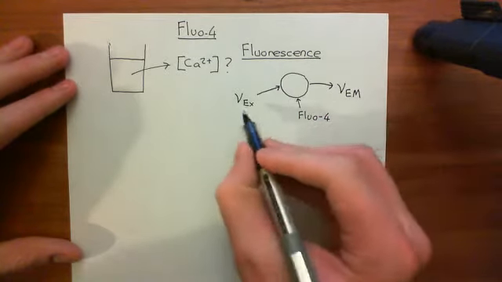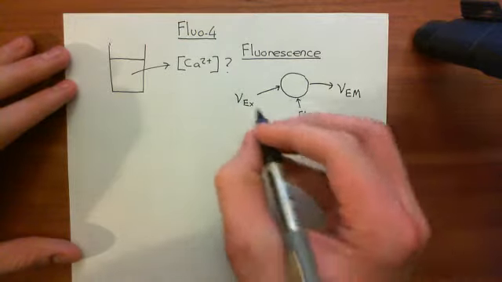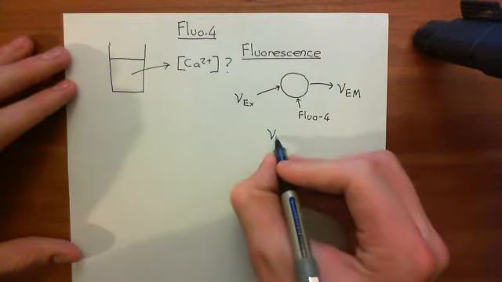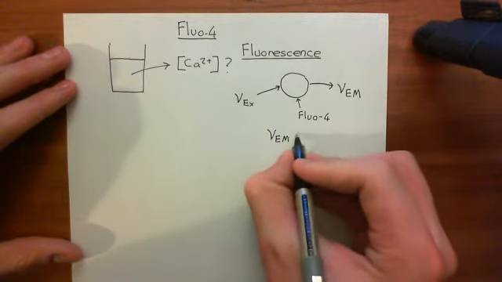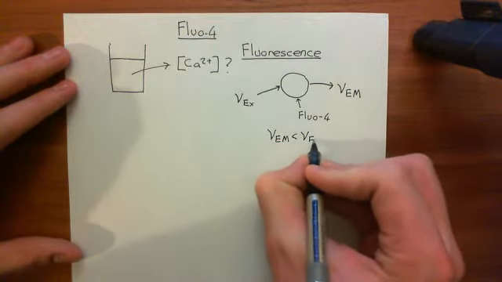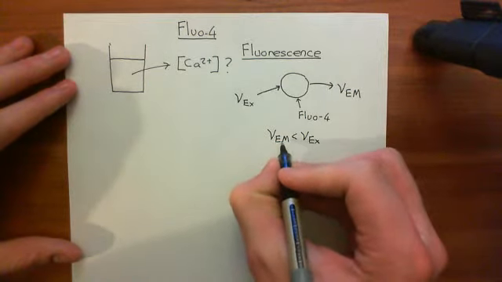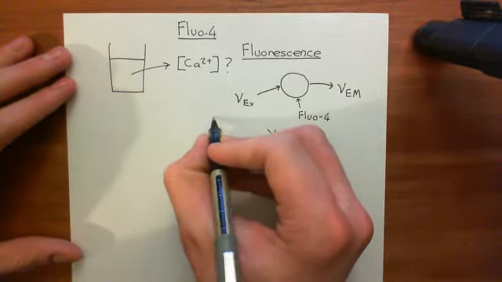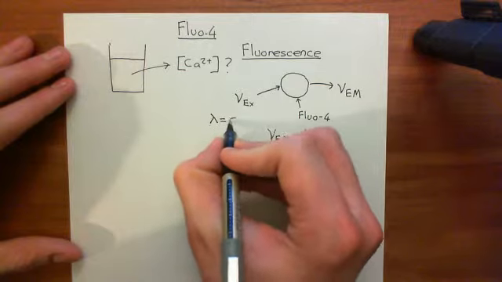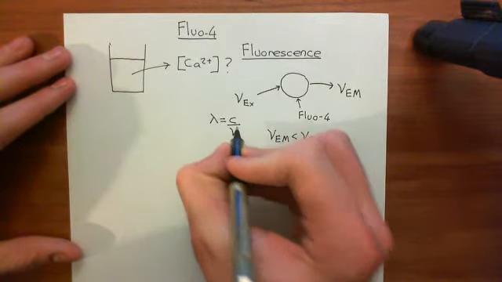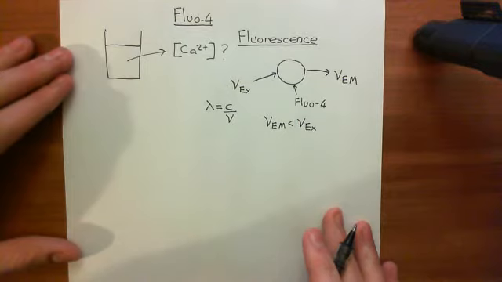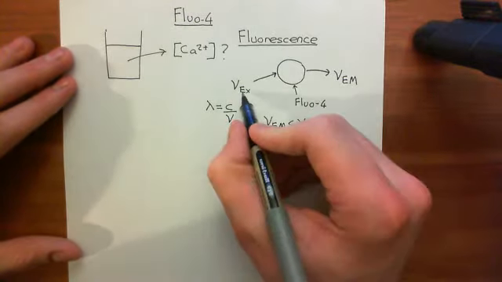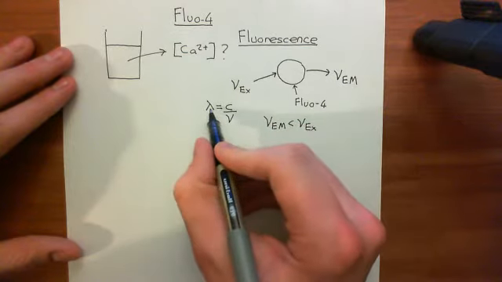Okay, and basically, whilst the frequency goes down, so the frequency of emission will always be lower than the frequency of excitation, the wavelength goes up, because the wavelength is inversely proportional to the frequency. So the exact equation relating them is that the wavelength is equal to the speed of light divided by the frequency, basically.